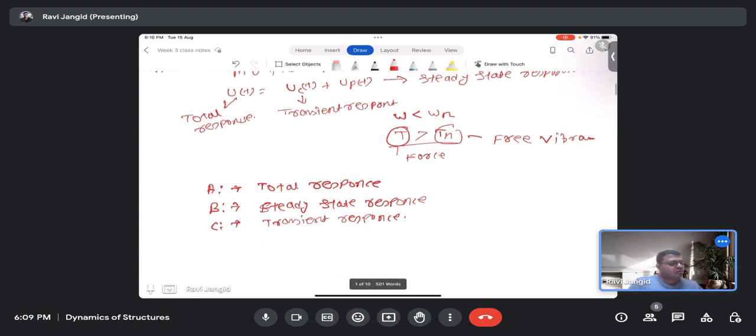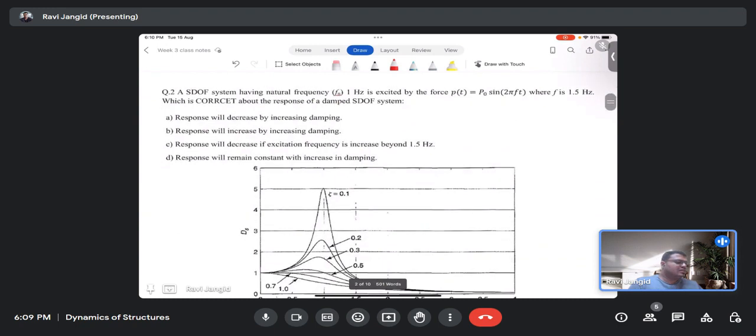Okay. So now we are moving to another objective type of question, in which we have a single degree of freedom system whose natural frequency is given as 1 hertz. That system is excited by p naught sine 2 pi ft, where the forcing frequency is 1.5 hertz. So which options are correct about the damped SDOF system, using this curve?